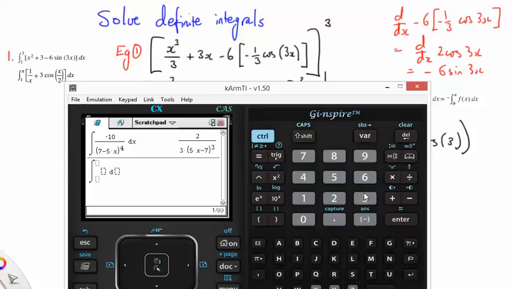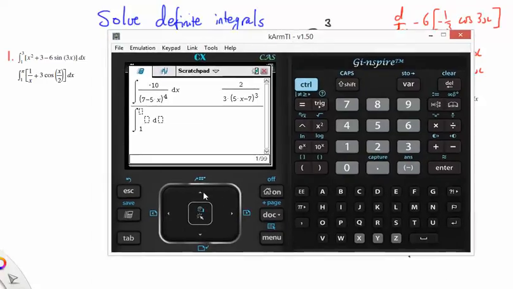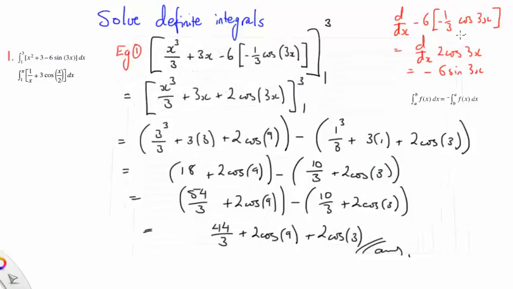So 1 goes there, and up you go. Come on, it's being really stubborn. Is that frozen? Not sure what's happening there. Anyway, that's your final answer.